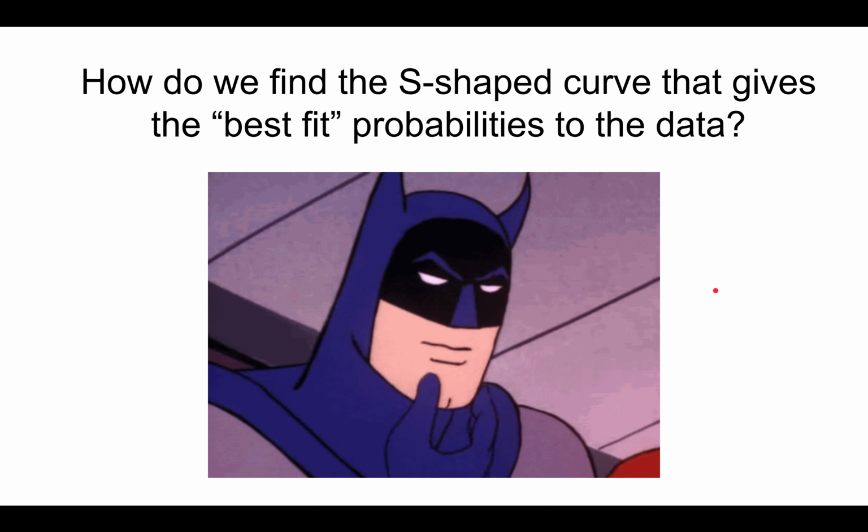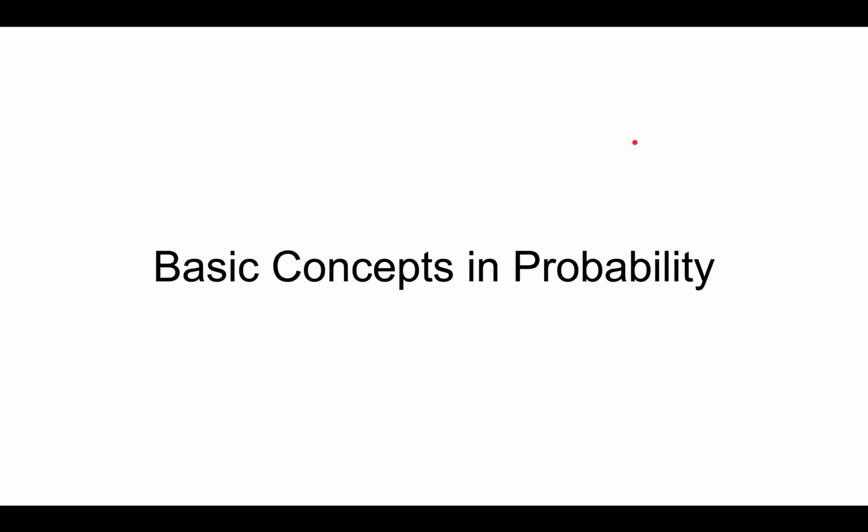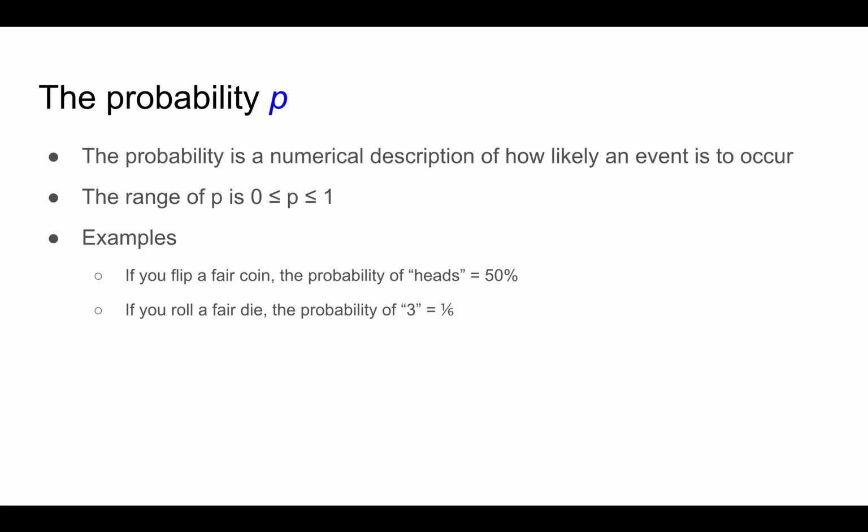So you might wonder, how do we find the best S-shaped curve that fits the probability the best? Before we get to that, we need to quickly recap some of the basic concepts in probability that most of you have heard about before, but perhaps have forgotten.